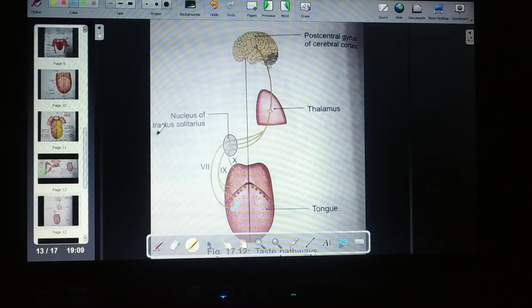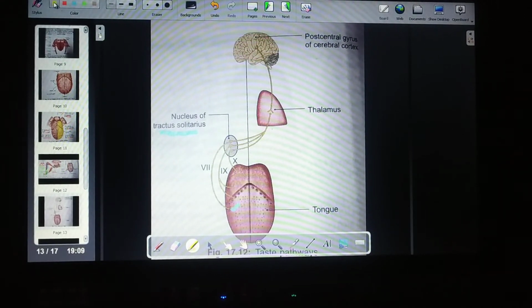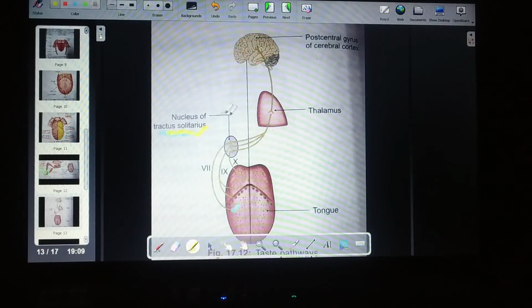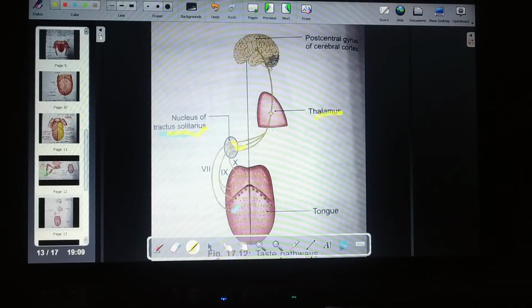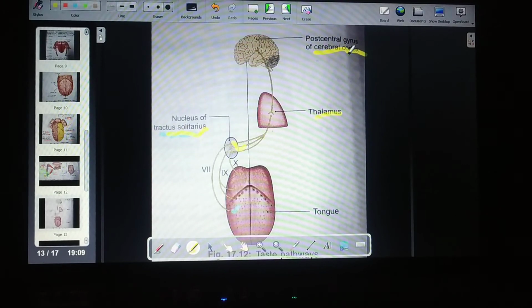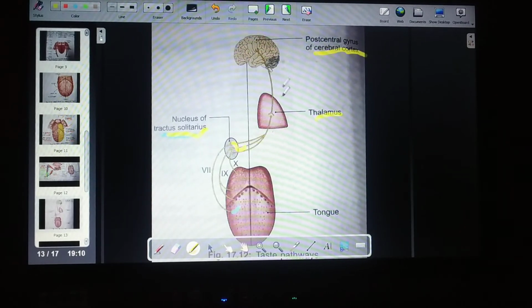Ultimately these are going into the nucleus tractus solitarius. The ultimate destination is this nucleus tractus solitarius. After that, all the sensations go into the thalamus, and this will stimulate the postcentral gyrus. So this is the taste pathway. This is the diagram representing it.